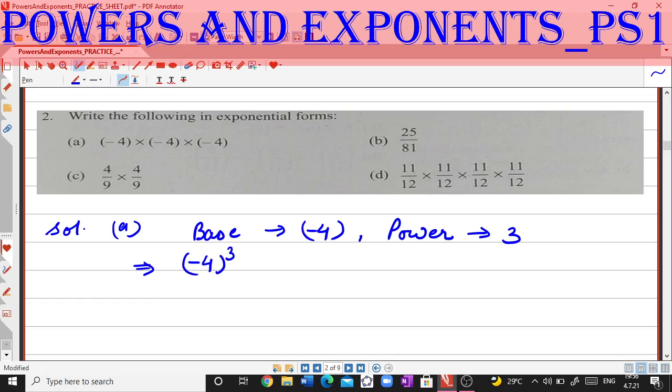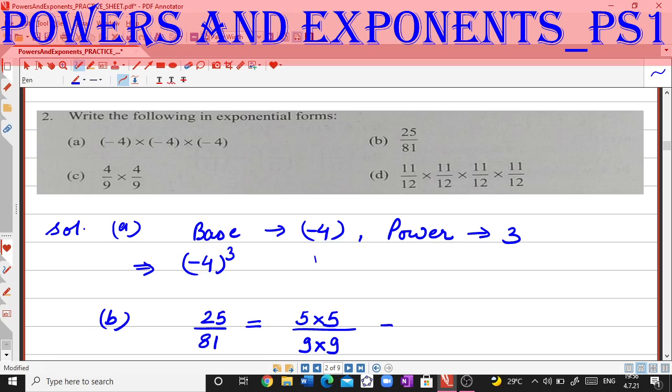Similarly, if you see question B, B is 25 upon 81 and you know that the factors of 25 are 5 multiplied by 5, and 81 is 9 multiplied by 9.